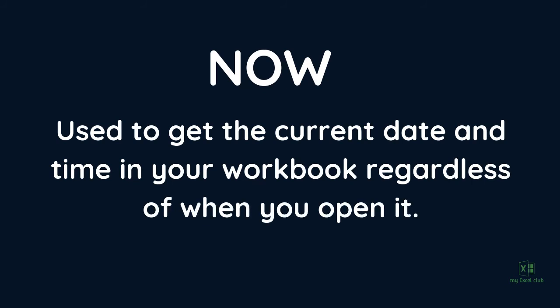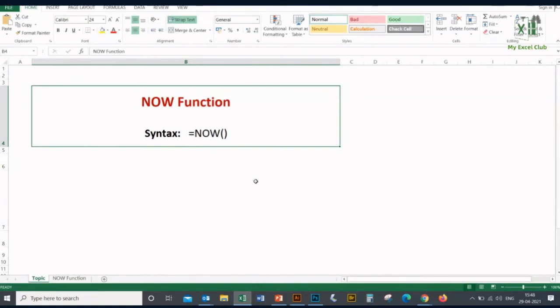The NOW function is very similar to TODAY function. The only difference is NOW function tells you current date and time, and TODAY function tells you only the current date. So let's see the practical example of NOW function. This function does not have any argument in it. So like I said, this is a very direct and simple function.